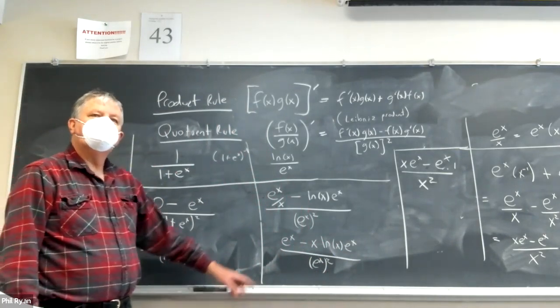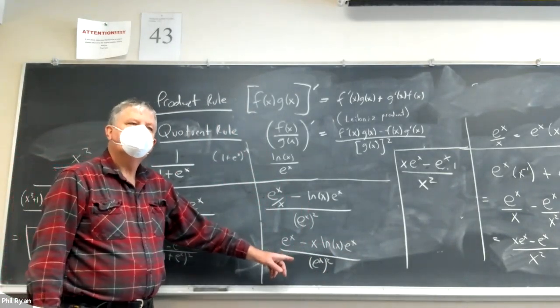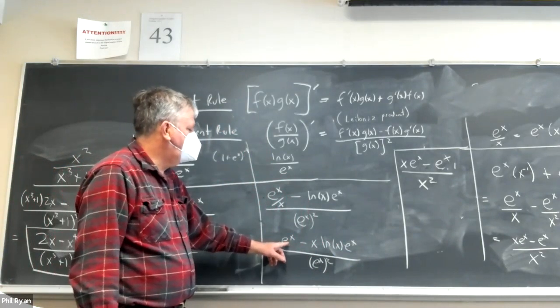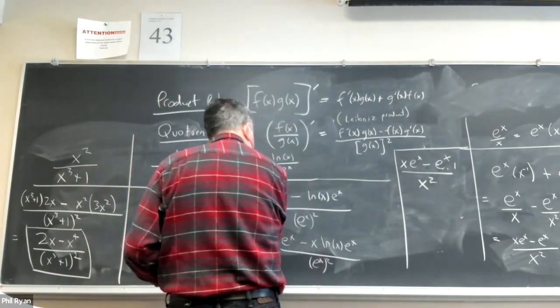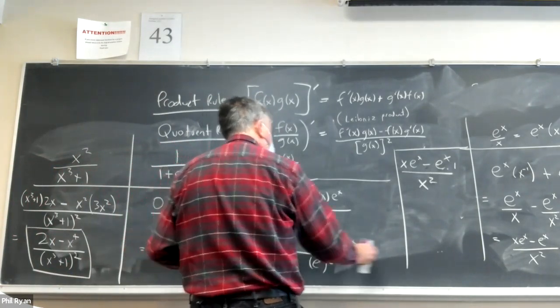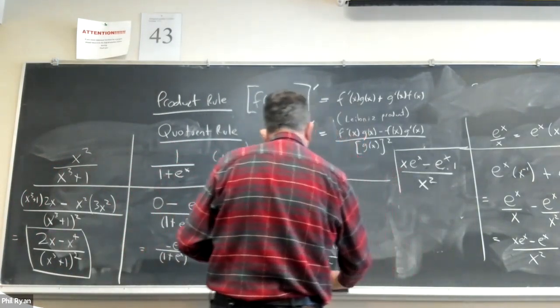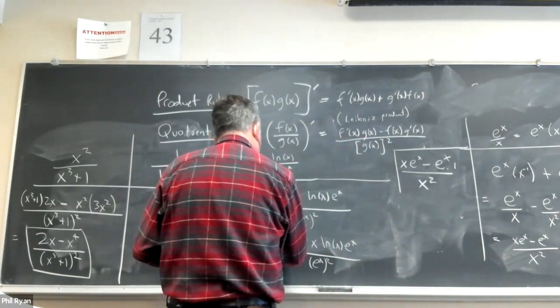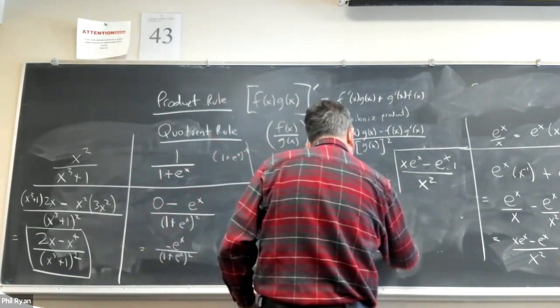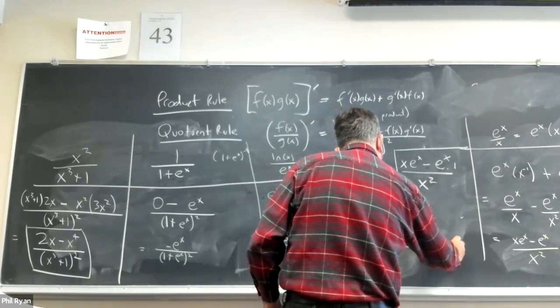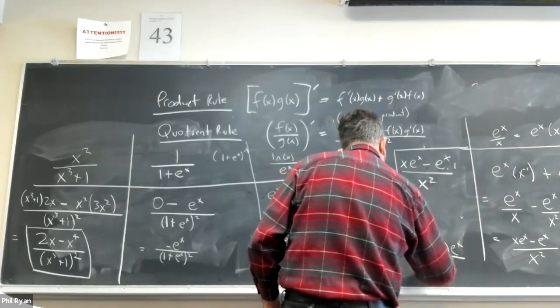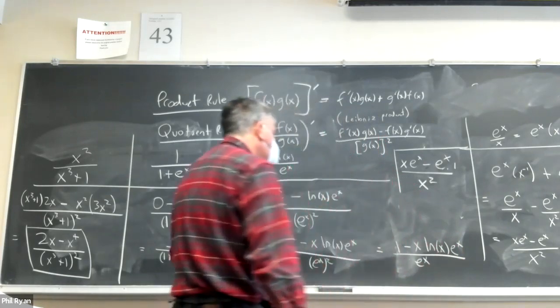And then do you notice that the e to the x's cancel out? Because we can pull out an e to the x here and we can pull out an e to the x here. So that equals 1 minus x ln of x, over e to the x.